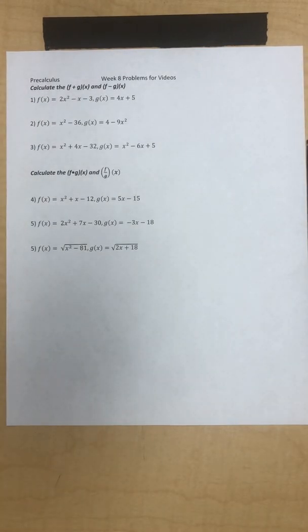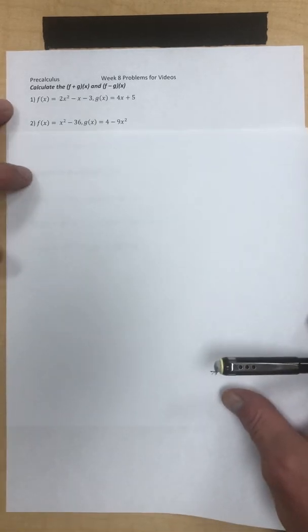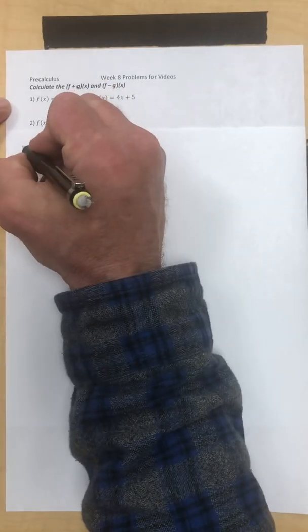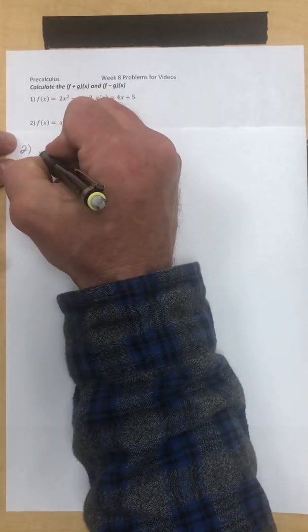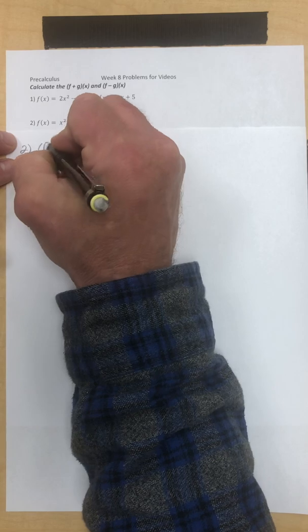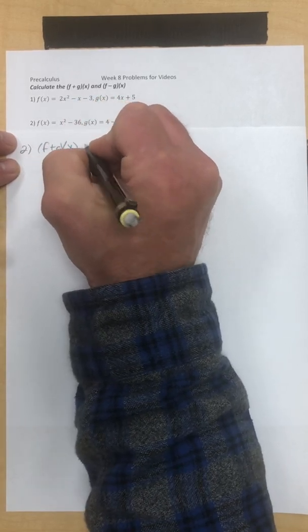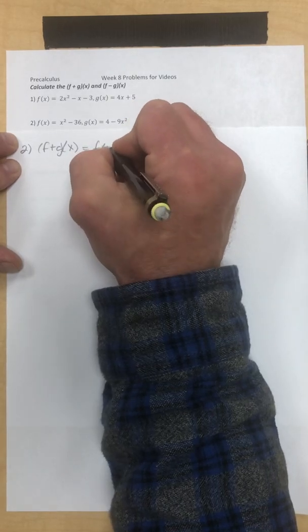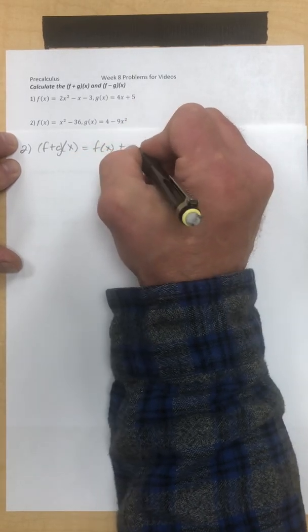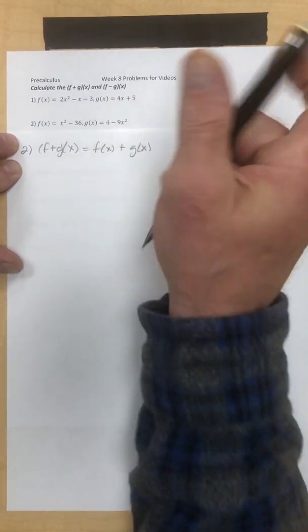Let's see. Number 2. All I'm doing is just using different functions. Still the same process. So on 2, I've got to do f plus g of x. So I have f of x plus g of x.